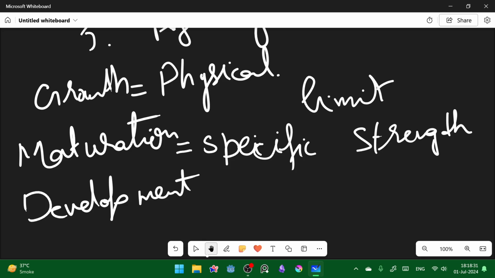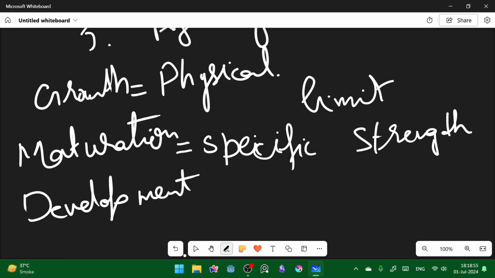With passage of time, when the muscles become strong, he can sit, he can walk, he can run, he can cycle, he can swim, and all other activities. So maturation means the specific strength that is required for the muscles to perform a specific skill, and maturation becomes as a result of growth.